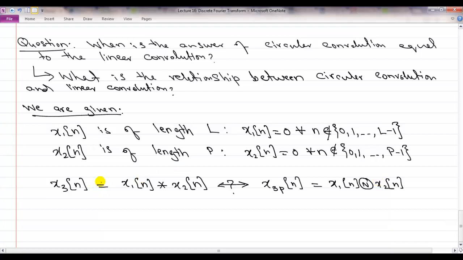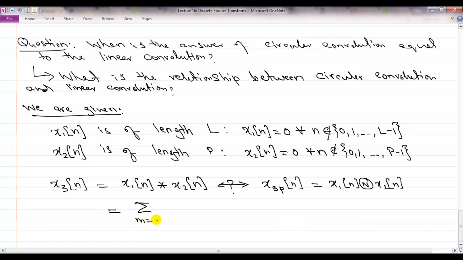Now the first thing we want to derive is what is the length of x3 of n. We are taking linear convolution of two finite duration sequences. We get another finite duration sequence. And many of you probably will already know the answer, but still let's go through the formal process.